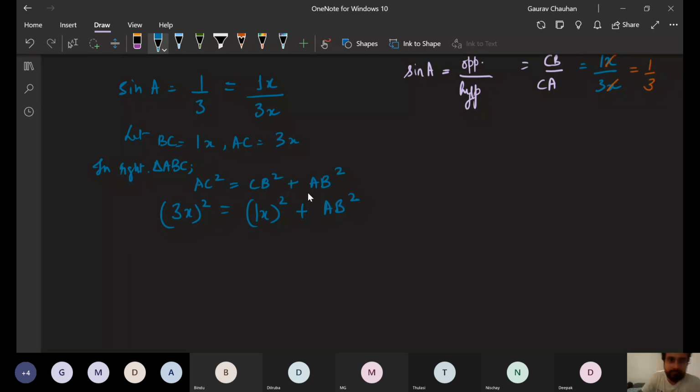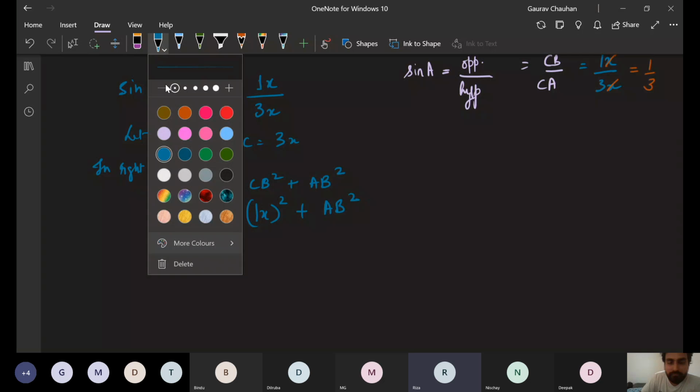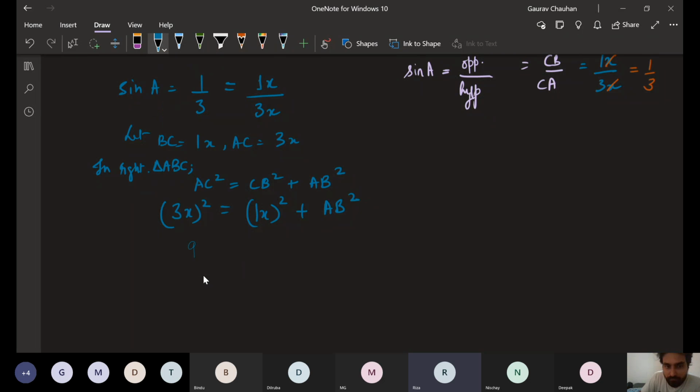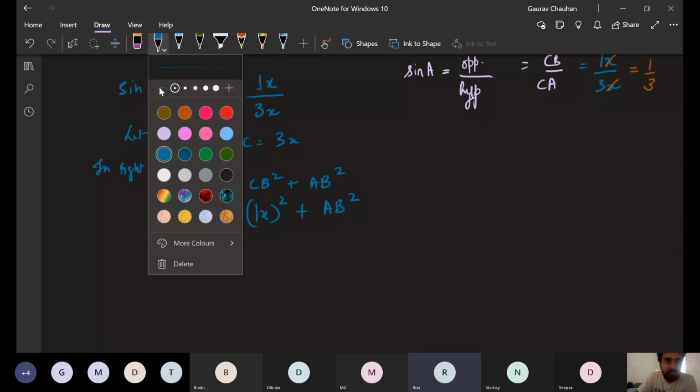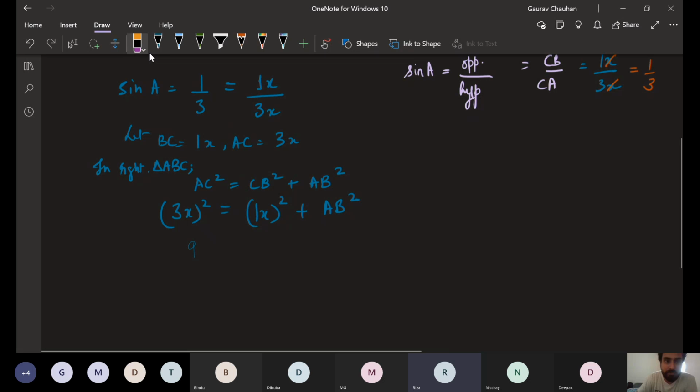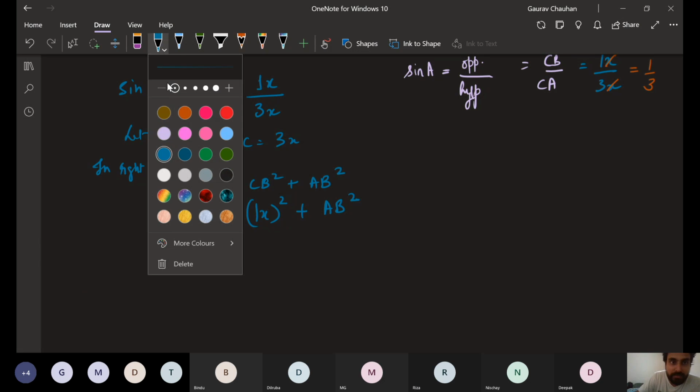Go ahead. So 3x square will be 9x square, sir. 3x whole square will be 9x square. Very good. I like how you are remembering that (a into b) whole square is a square into b square. A is 3 here, so it will become 9.